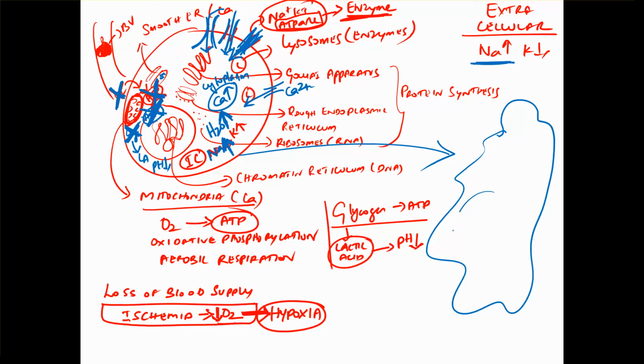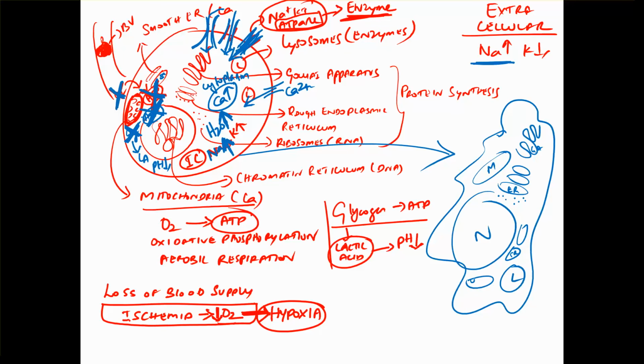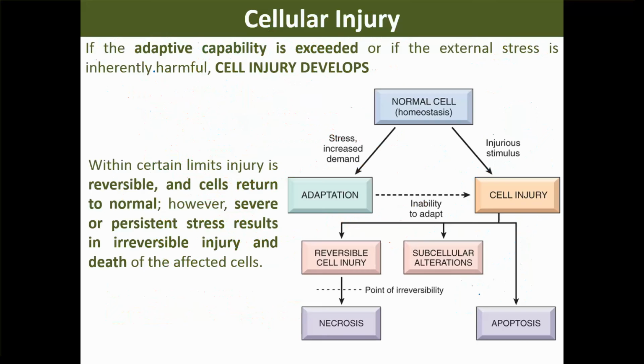So the nucleus is also swelling, mitochondria is also swelling, and endoplasmic reticulum also swelling, Golgi apparatus also swelling, lysosomes also swelling. Ribosomes come out of the endoplasmic reticulum, and the Golgi apparatus and smooth endoplasmic reticulum are all swelling.